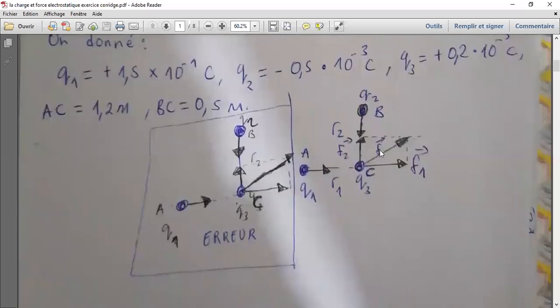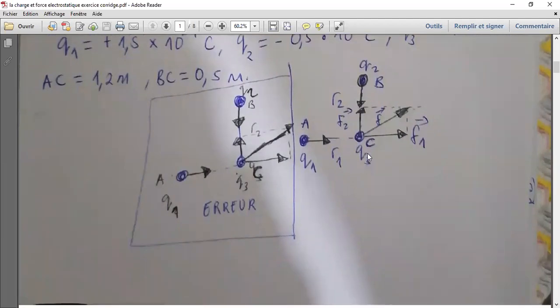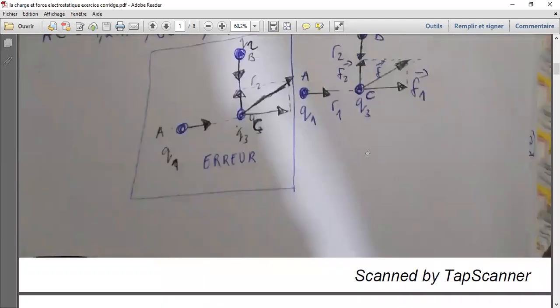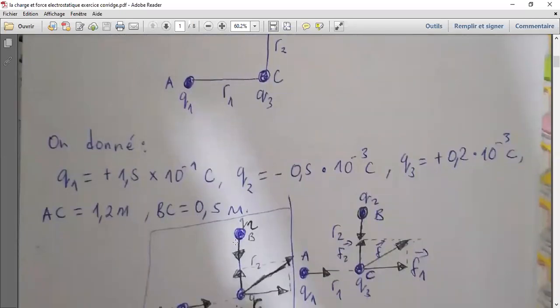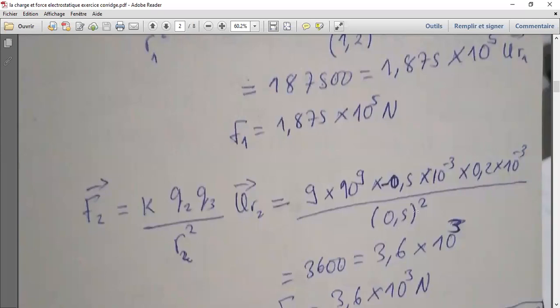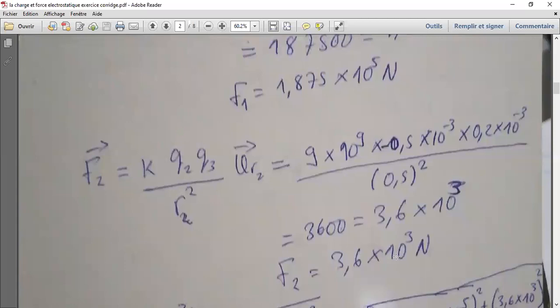Your R2 squared is the distance between B and C, which is BC. You have been given BC, which is 0.5 here. This is the 0.5, squared. Then you do your mathematics.